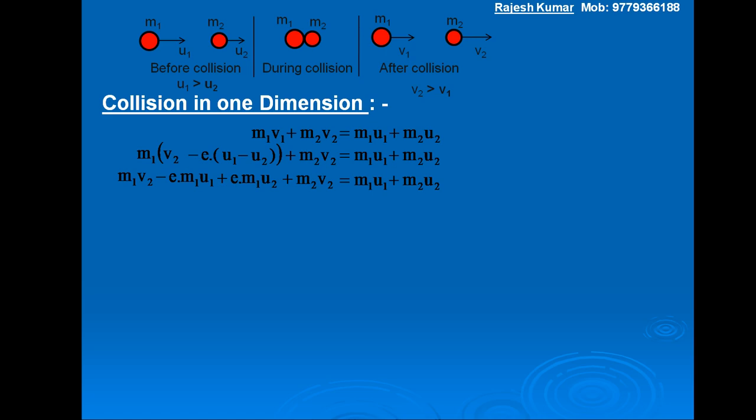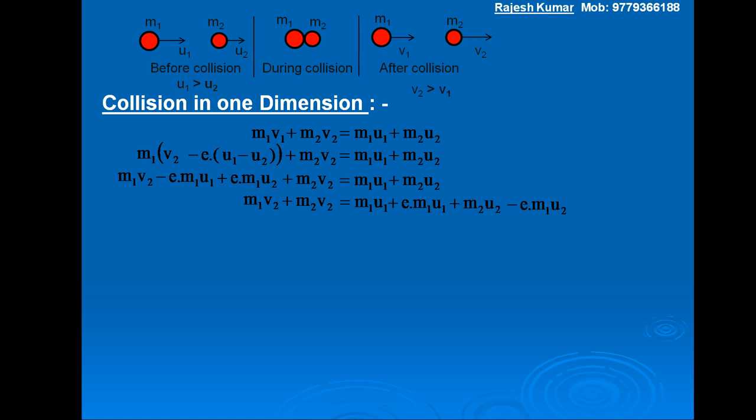Now by rearranging, we get m1 v2 plus m2 v2. This is equal to m1 u1 plus E into m1 u1 plus m2 u2 minus E into m1 u2.